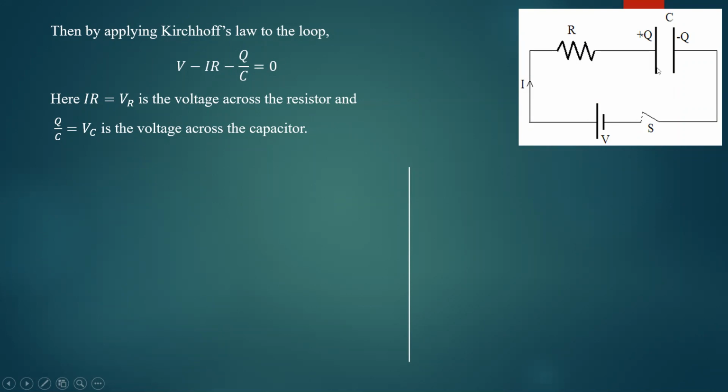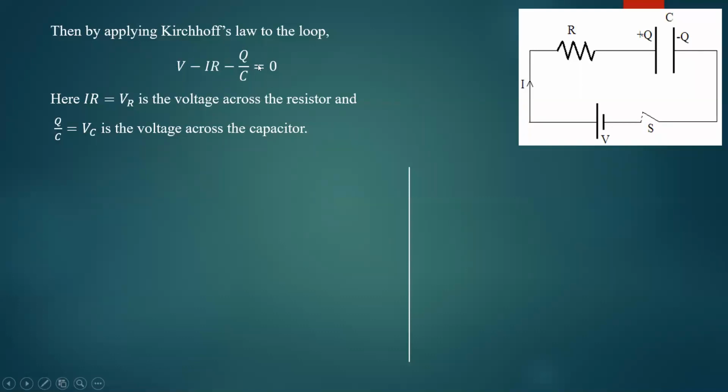So voltage across the resistor plus voltage across the capacitor should be equal to the battery voltage. That means V minus IR minus Q by C should be equal to 0.